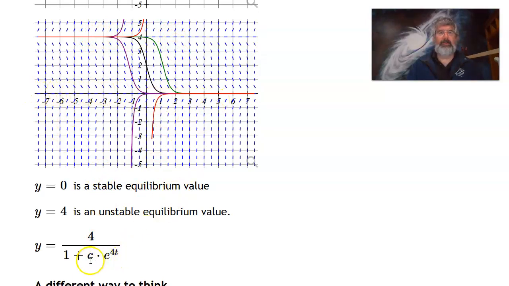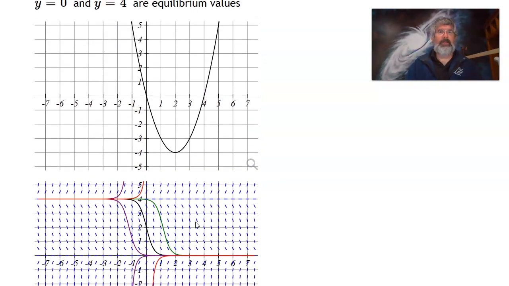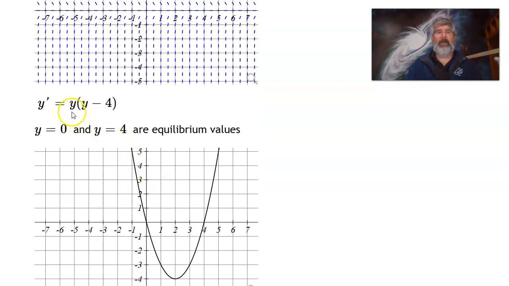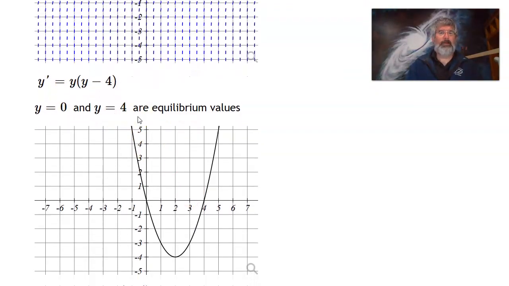There isn't a value of c you can plug in here to get the y equals 0 solution. But I can see that y equals 0 has to be a solution, because I saw the factors here, and y equals 0 is one of those values that would make that work. Okay.